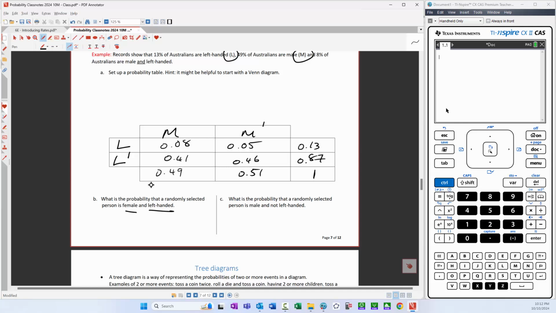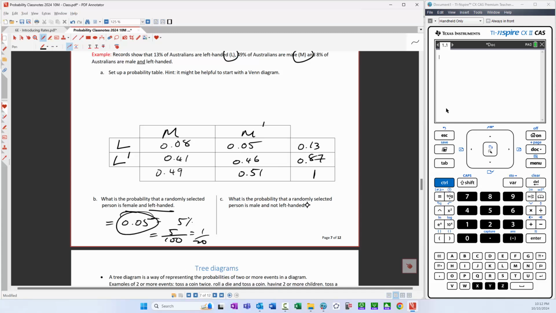So we'll just say that the probability that a person is female and left-handed, we're going to go not male and left-handed. So that is going to be 0.05. You could write that as a percentage if you want, 5%, but it's fine leaving it like that. You could write it as a fraction, 5 over 100. That's a 1 in 20 chance.